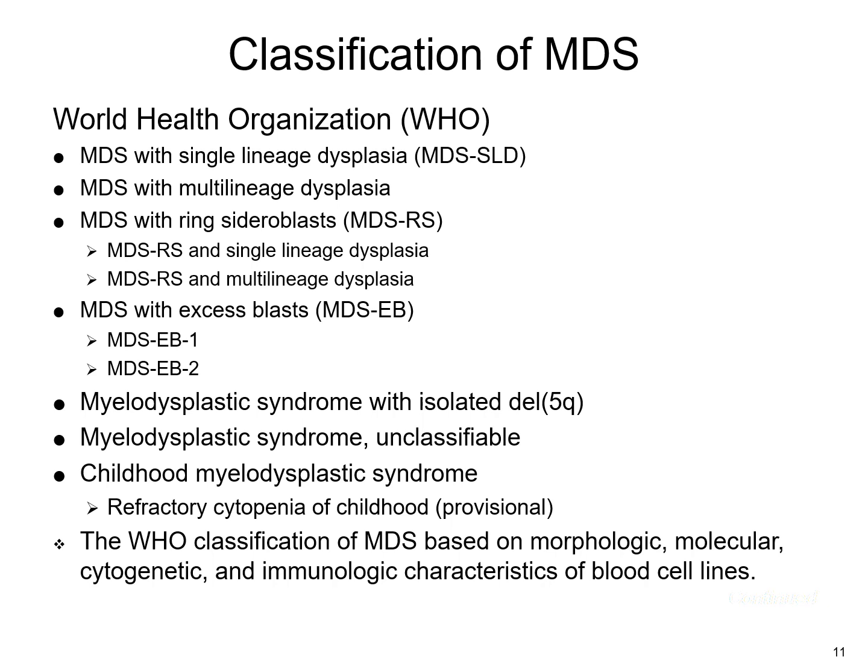Now, WHO uses a system based off of the morphological, molecular, cytogenetic, and immunological characteristics of those blood cell lines in order to differentiate which category to place that myelodysplastic syndrome within.